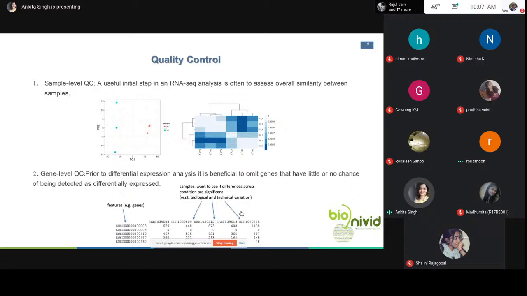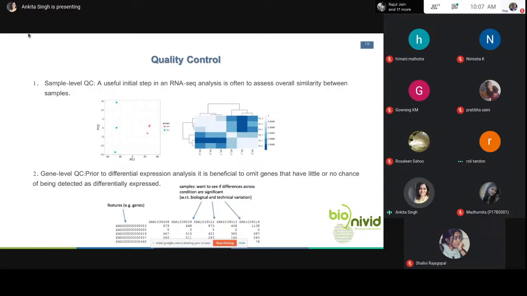While performing any differential gene expression analysis, we have to see if any gene is not expressing, having very low expression, like no expression, or only expressing in one of the samples. Those we have to remove, because they are not going to be useful for differential gene expression.